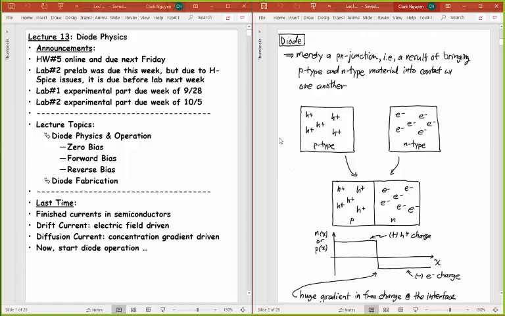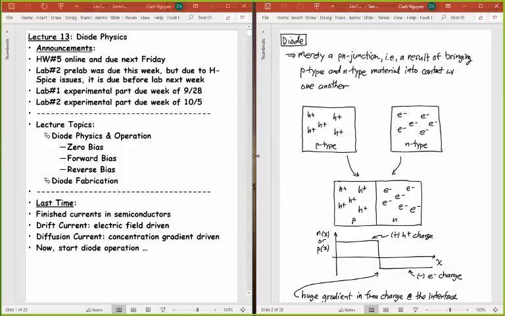And so here it is, with a few things written out at first at least. So what is a diode? It's merely a p-n junction. So what does that mean? We talked last time about acceptor doped materials, which we call p-type, and donor doped materials, which we call n-type. P-type materials, since they're acceptor doped, are filled with holes that are free to move around.